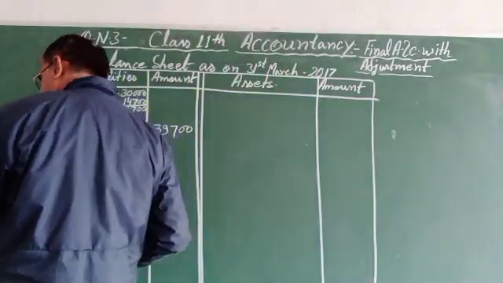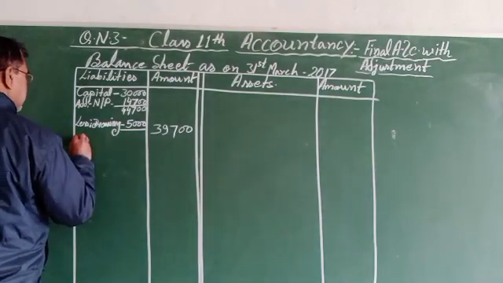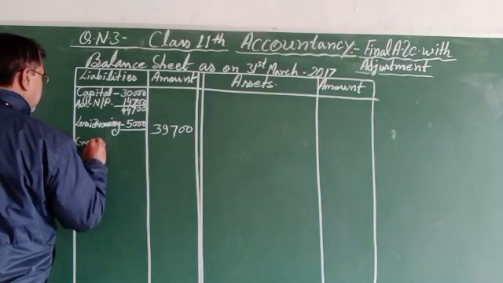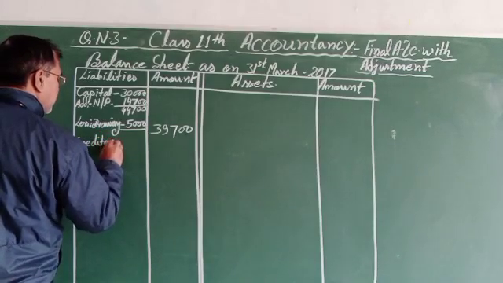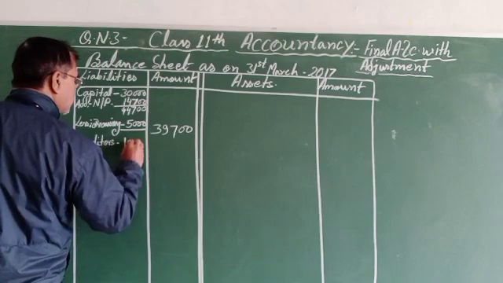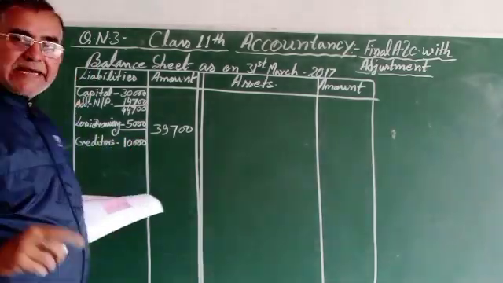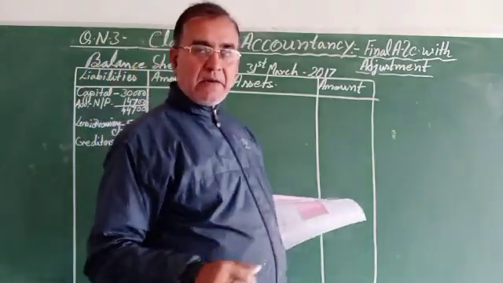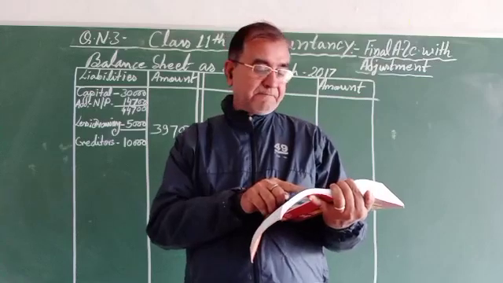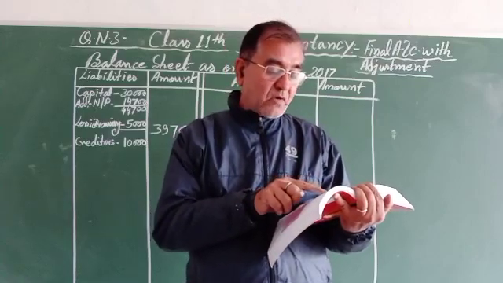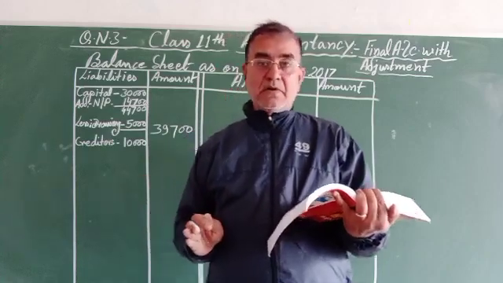So the next item in the credit column, creditors given. Creditors 10,000, will be written inside the column. Why? Because in the additional information, private purchase amounting to rupees 4,000 has been debited to purchases account.